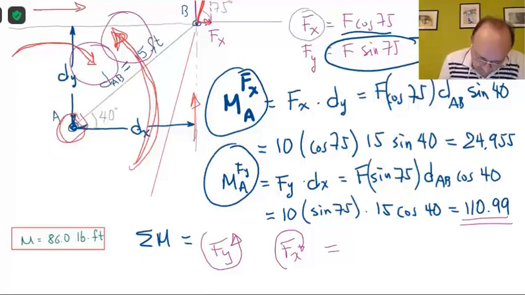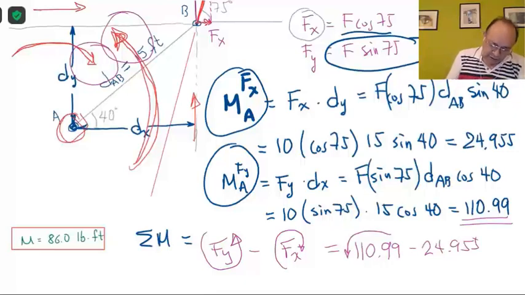So let's put that one first, 110.99, and let's subtract the other one, 25.955. So we have this one in the counterclockwise direction, and this one in the clockwise direction.